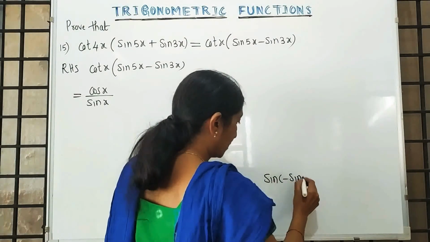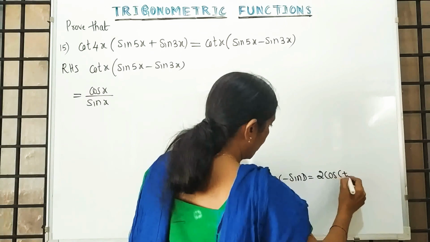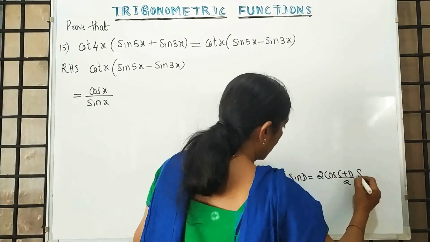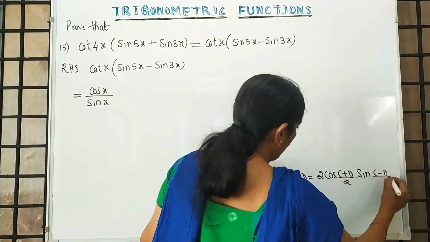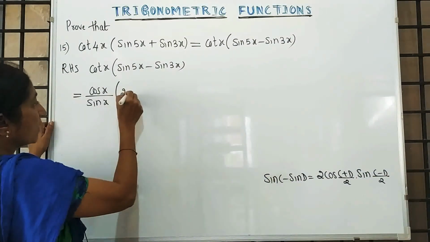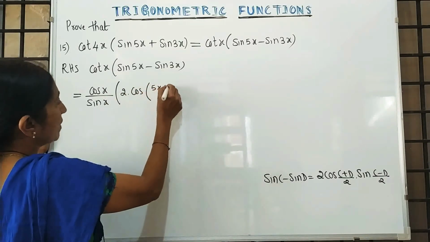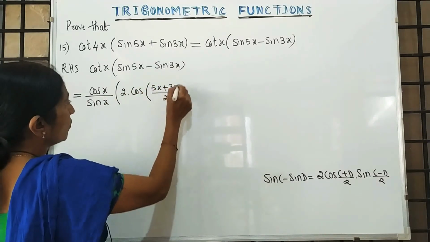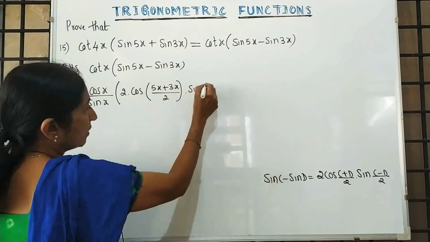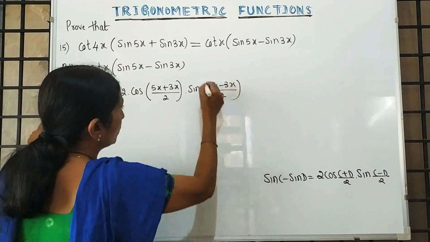Sin c minus sin d is equal to 2 cos c plus d by 2 into sin c minus d by 2. In the bracket 2 cos 5x plus 3x divided by 2 into sin 5x minus 3x divided by 2.